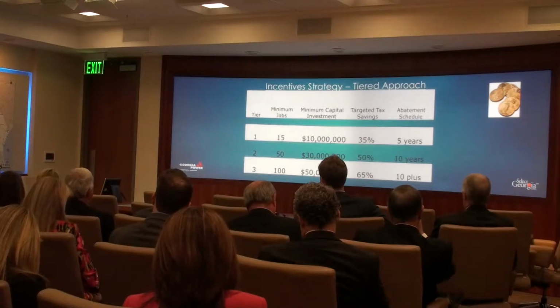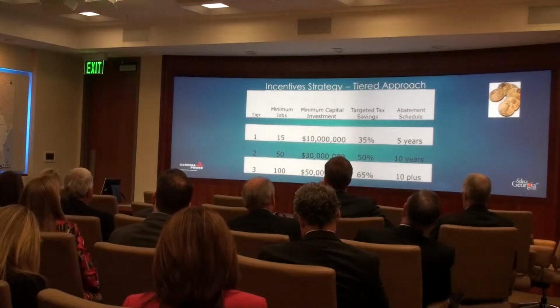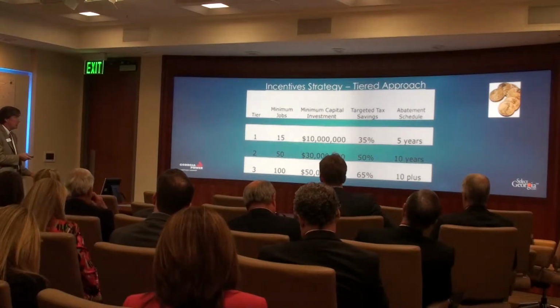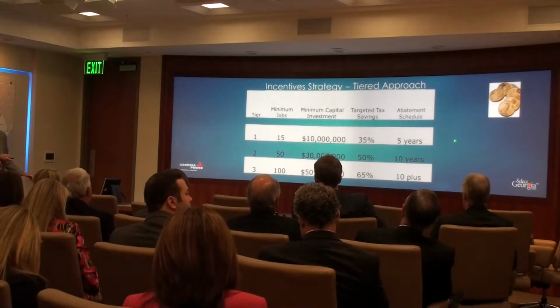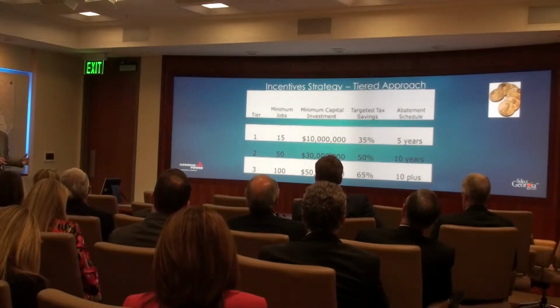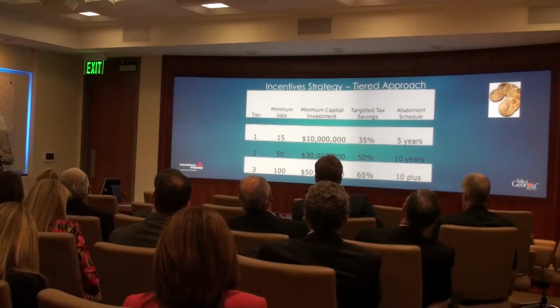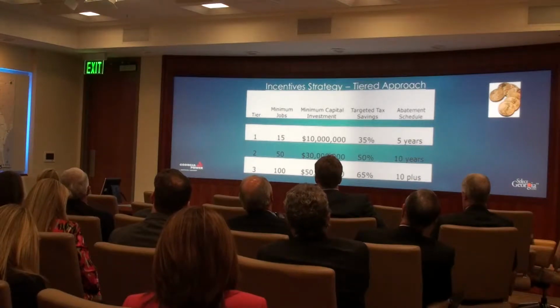So 15 jobs is their minimum trigger. That's their minimum threshold. And so if that project will create 15 jobs, they qualify for up to 5 years of tax abatements, and it's targeted for them to obtain a 35% savings off what would normally be their full property taxes.